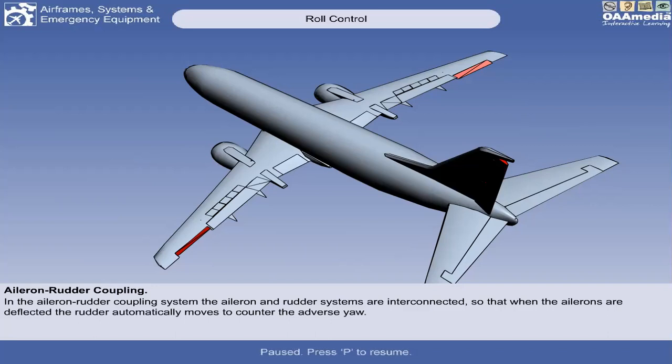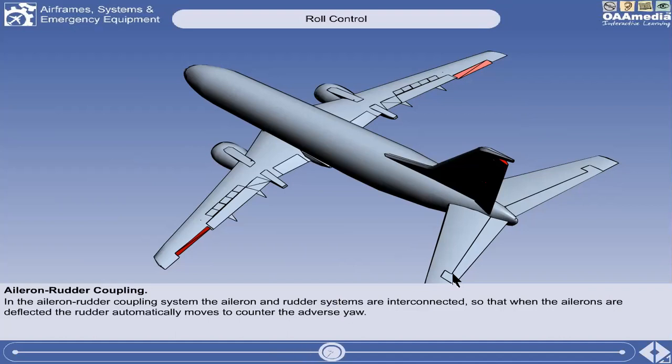Kaya, for example, gusto mong mag-roll to the right because of the aileron rudder coupling. So, kapag nag-roll ka sa kanan, nag-yaw ka na rin. Kumbaga, nag-turn to the right ka na rin yung aeroplano, no? So, yun yung tawag doon. To counteract the adverse yaw. So that when the ailerons are deflected, the rudder automatically moves to counter the adverse yaw.